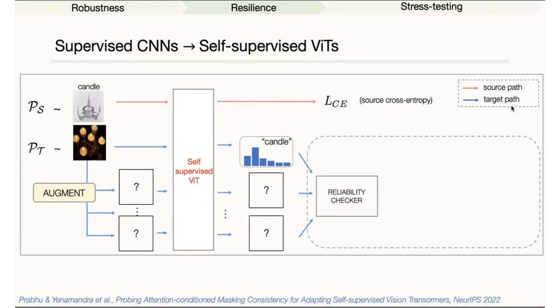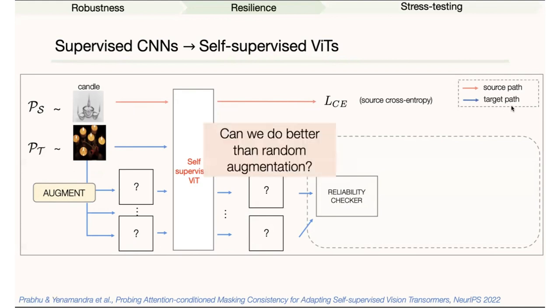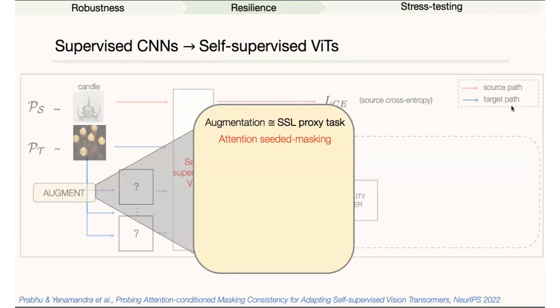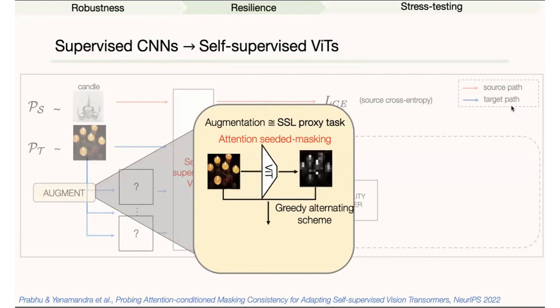And yeah, in follow-up work, we even try to modernize the DA stack and try this for self-supervised vision transformers, which are gaining a lot of traction. So things like masked autoencoders or DINO, right? In that case, instead of using random augmentations, we find that we can actually do better by generating a proxy task that mirrors the self-supervised learning objective. So for something like masked autoencoders, we can do some notion of attention seeded masking.